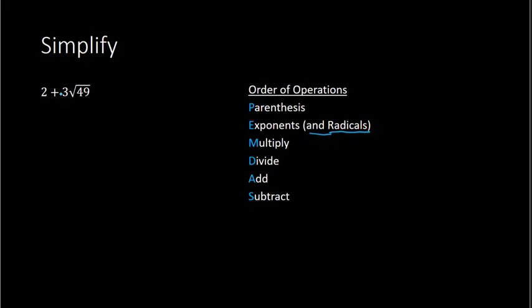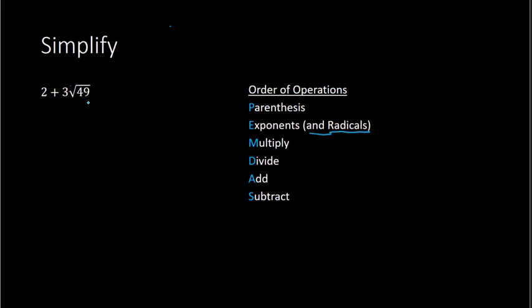So notice, by the way, this 3 in the front of the square root means multiplication. Just like if a 3 was in front of a variable, like 3 times x, for example, you'd write that as 3x without a multiplication sign. So this means multiply, but before I multiply, I need to take care of this radical, or the square root.